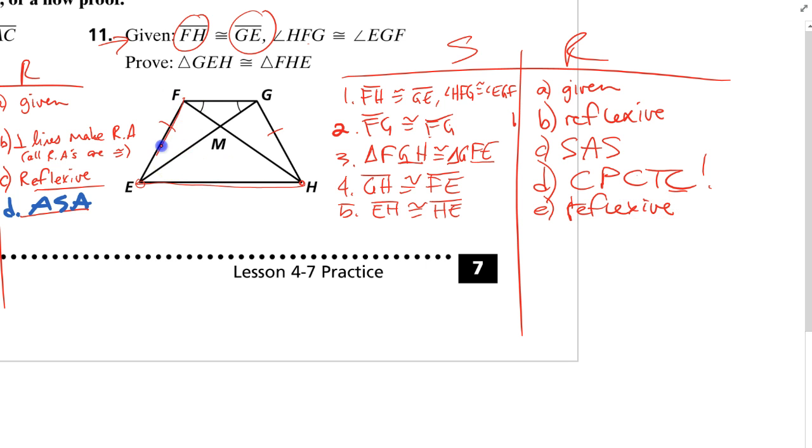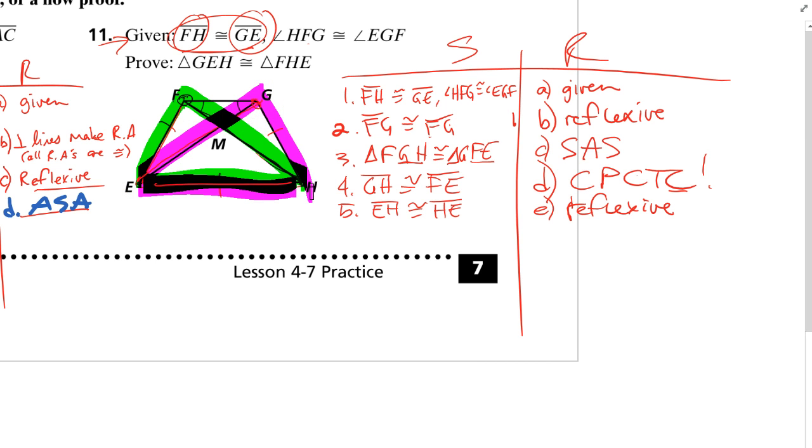So now I've got this side, and oh, look at this. FH congruent to GE. That's actually one of my givens. So you mean I've got a side, and a side that matches up with another side, and side? Oh, yes. So I know these triangles are congruent by SSS.